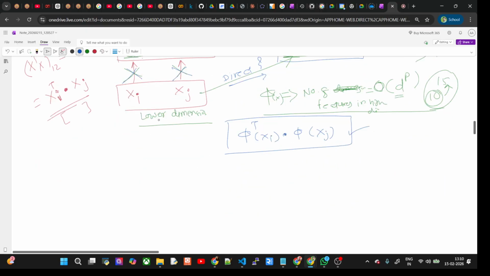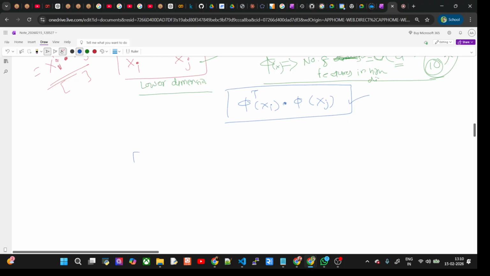It's difficult to get the feature map, because we have seen yesterday that I have f1 and f2 and its feature map phi of x is 1, f1 square, f2 square, f1 f2, f1 and then f2. This is the phi of x. But what is the phi of x for higher dimensions? That's the problem.